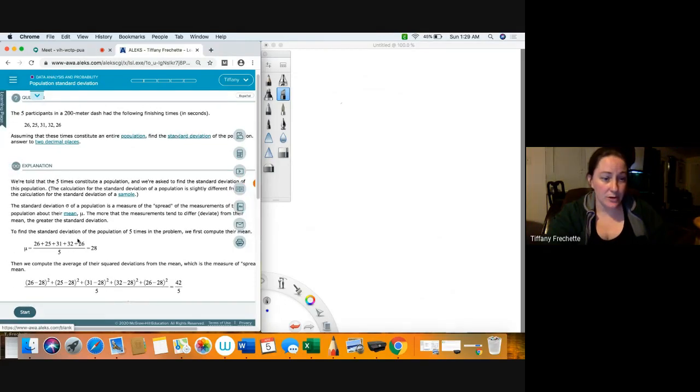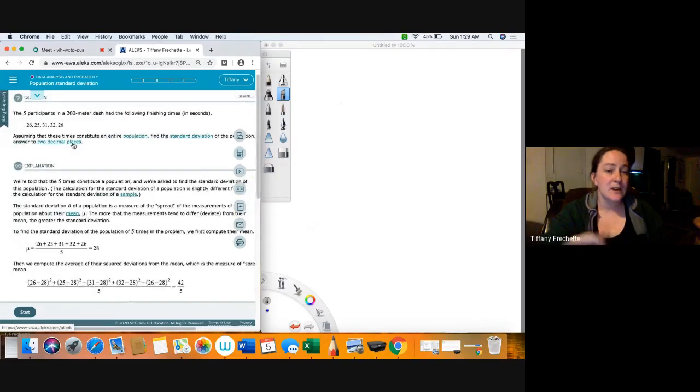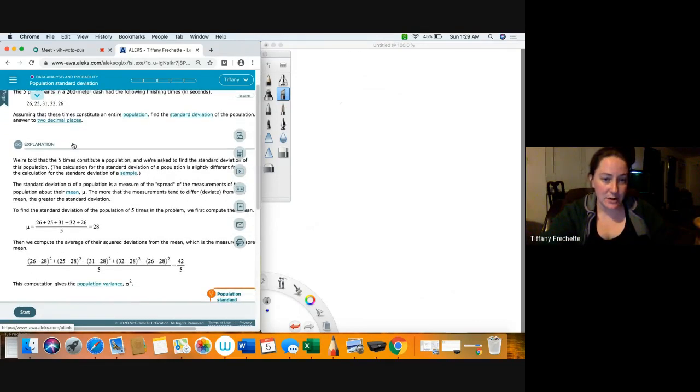Standard deviation, we're going to talk about how to do that down here. So the definition would just give you another example of exactly what it's going to give us to write down here. And then round your answer to 2 decimal places. So for whatever, instead of saying round to the nearest hundredth, they are saying round to 2 decimal places. So same idea as rounding to the hundredth.